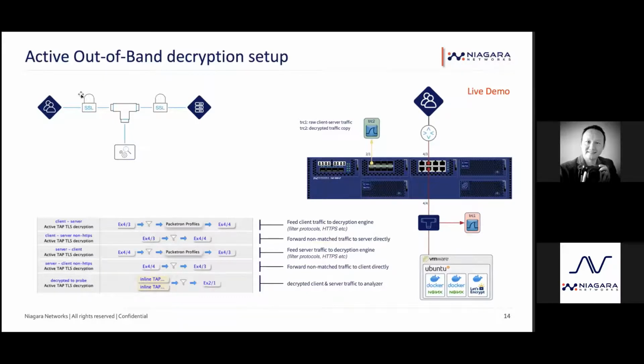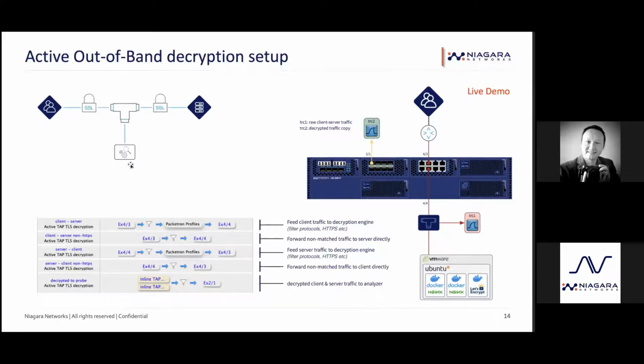So the client is thinking it's talking to the server, but actually it's talking to the SSL engine, which uses the certificates from the server to impersonate this server, decrypt that session with the client, and send it to a reporting tool.